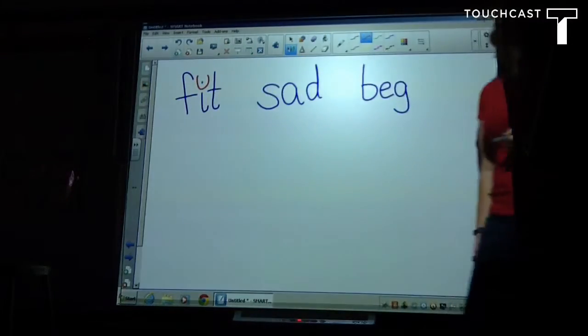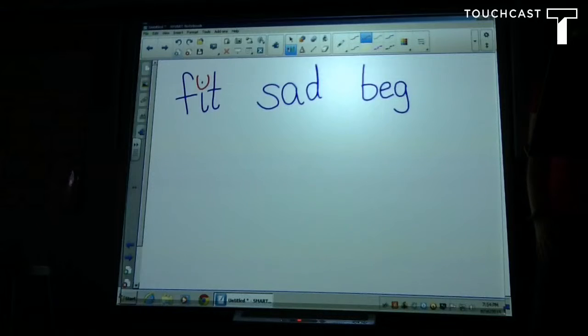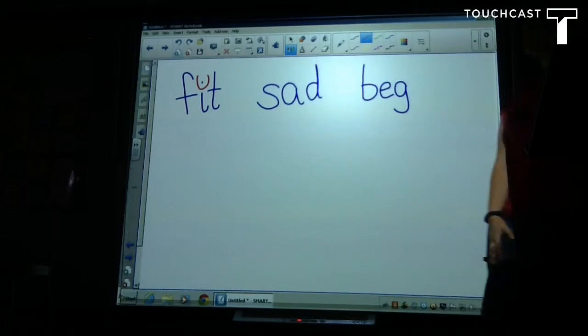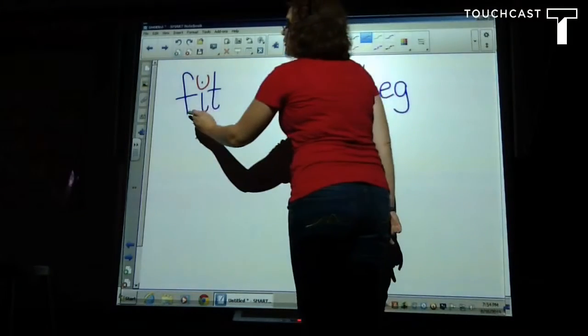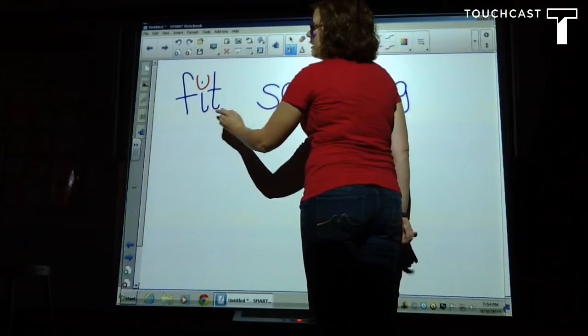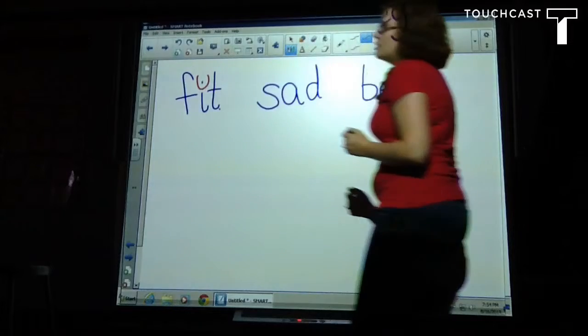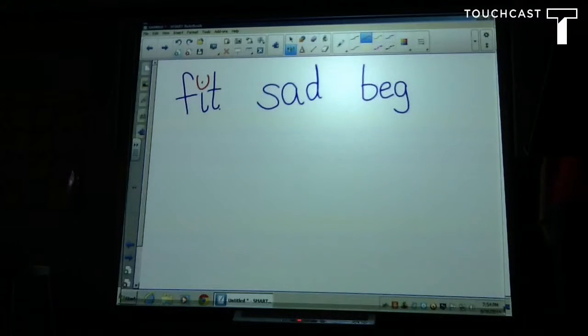What's a breve? A breve kind of looks like a smiley face, but it shows us that the vowel makes the short vowel sound. Let's blend the sounds in this word. It.